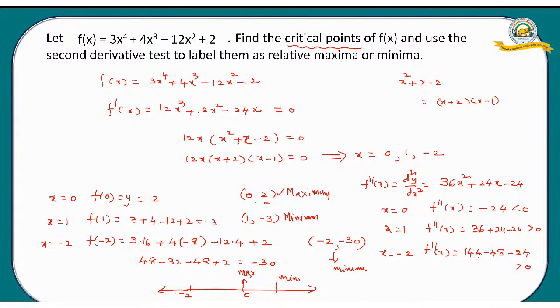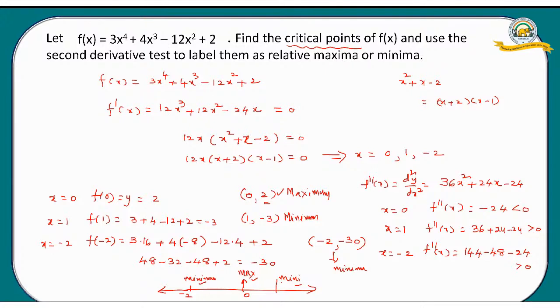At x equal to minus 2, the function attains minimum. If you observe, these points are occurring alternatively. So first at minus 2, it is a minimum, and at x equal to 0, it is a maximum. At x equal to 1, it is again minimum. So thereby, you can understand that once again, the maxima and minima points occur alternatively.